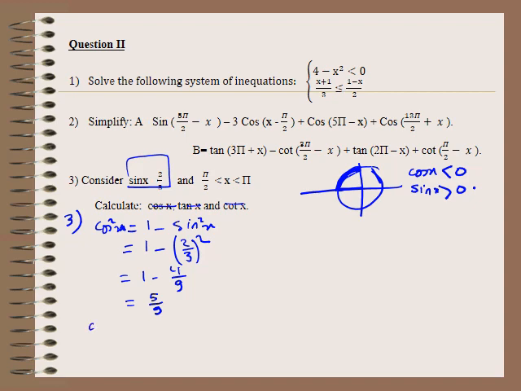Cosine squared x is 5 over 9, so cosine x equals plus or minus radical 5 over 3. But cosine x is negative, so cosine x equals minus radical 5 over 3.